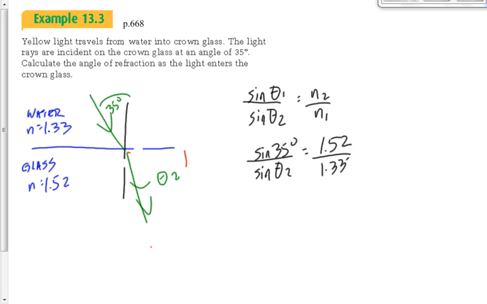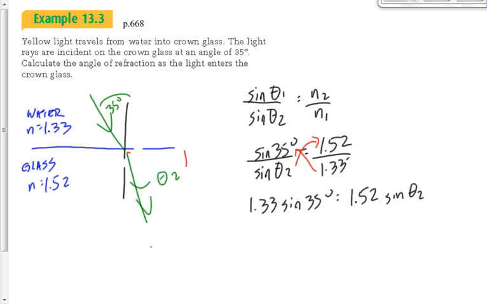Now let's rearrange this. Let's take this up. Let's take this up. It becomes 1.33 sine 35 equals 1.52 sine theta 2.